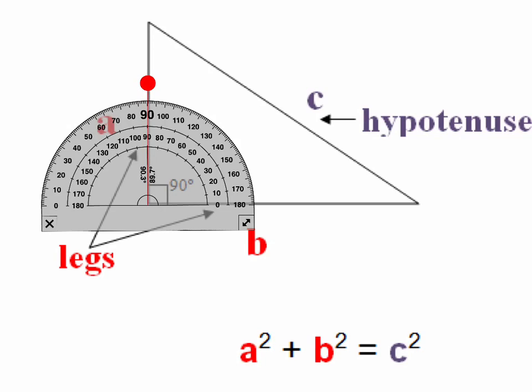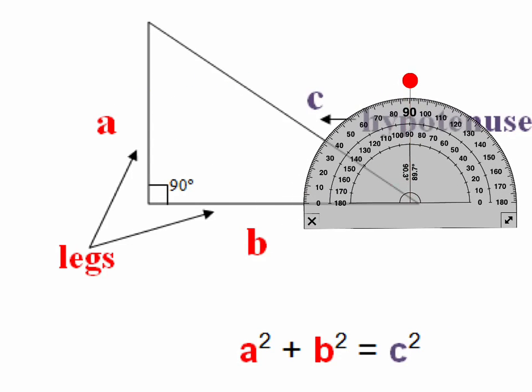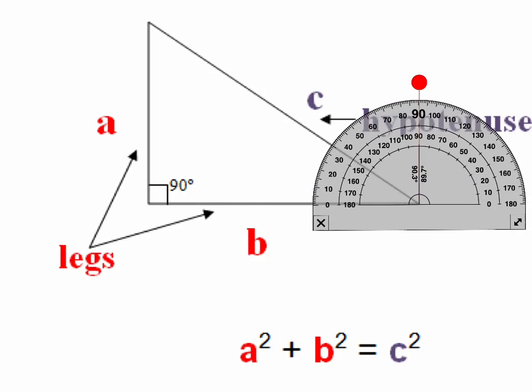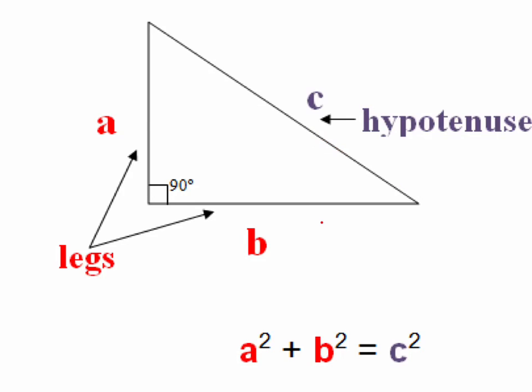The other angles clearly are not 90 degrees, by putting the center of the protractor on the corner and seeing that this one is 35 degrees. So we can clearly see which corner is the 90-degree angle in this one.